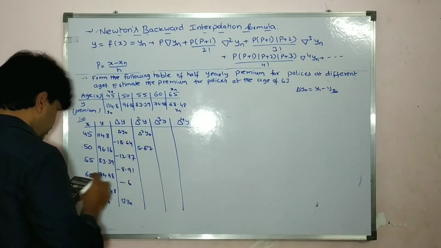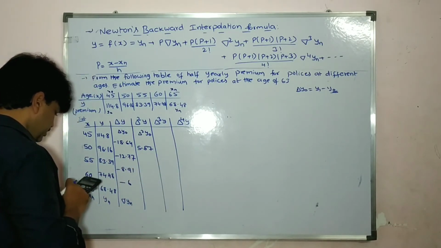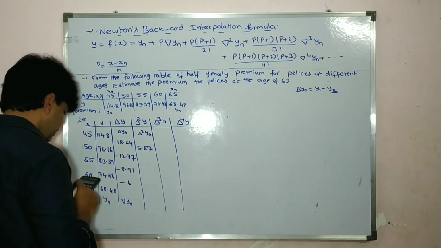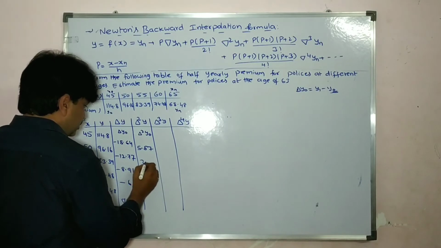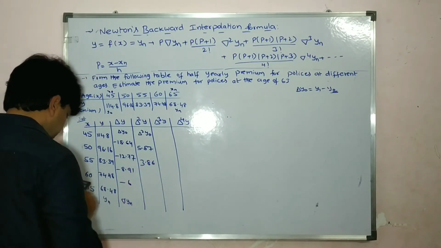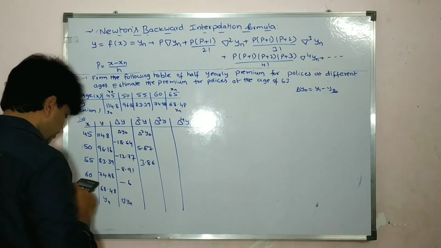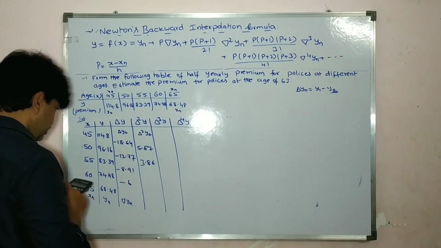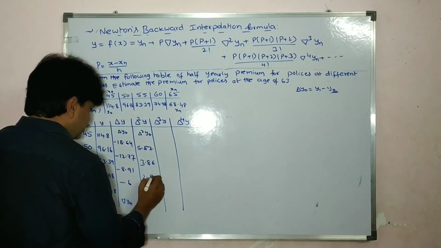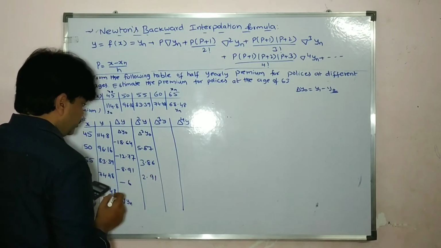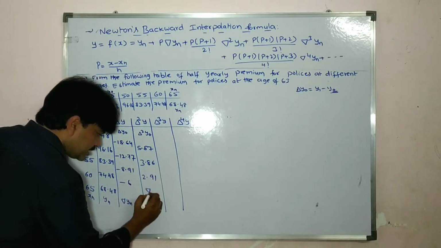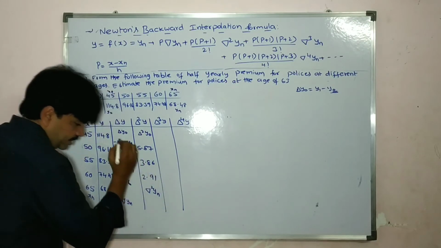Now minus 8.91 minus of minus 12.77 gives 3.86. Then minus 6 minus of minus 8.91 gives 2.91, students. This 2.91 is exactly del square yn.